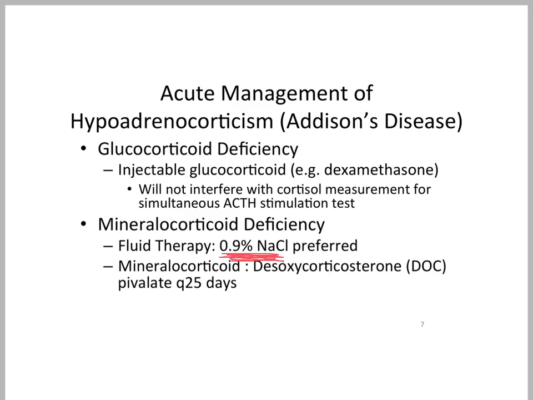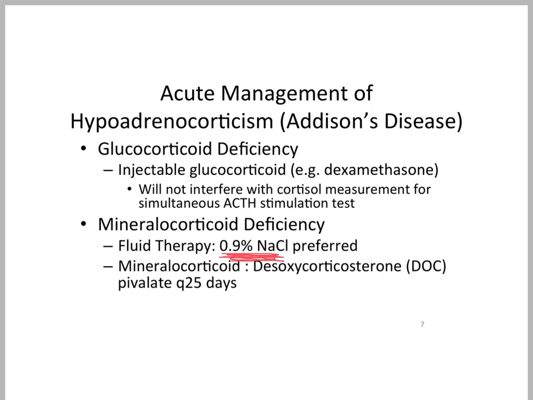So normal saline, 0.9% saline, is a preferred therapy in known cases. That addresses the animal's acute needs for volume support and for increasing sodium, and that will help lead to renal filtration, etc.